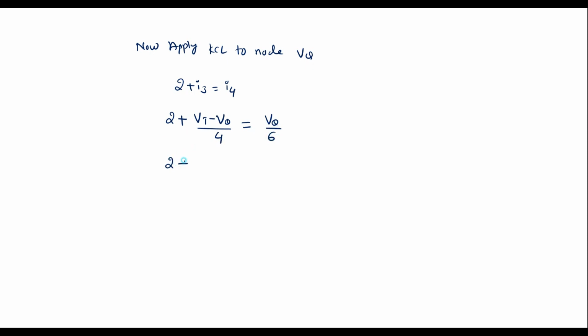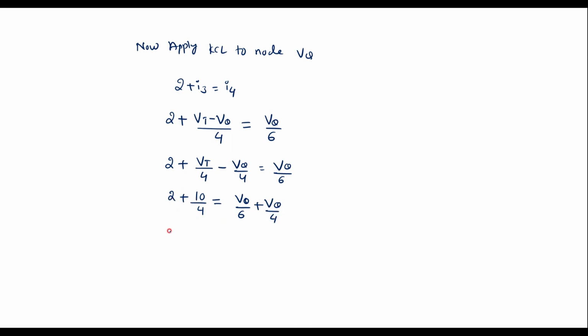Simplifying this, 2 plus Vt is 10, that is Vt by 4 minus Vq by 4 is equal to Vq by 6. I can represent it as 2 plus 10 divided by 4, and I can take Vq to the other side, that is Vq by 6 plus Vq by 4.